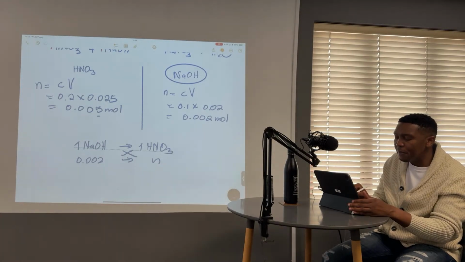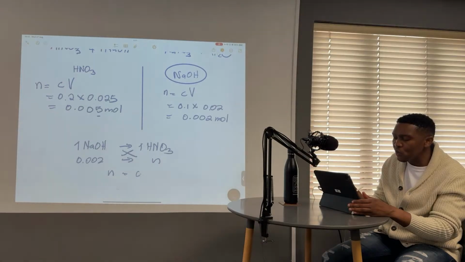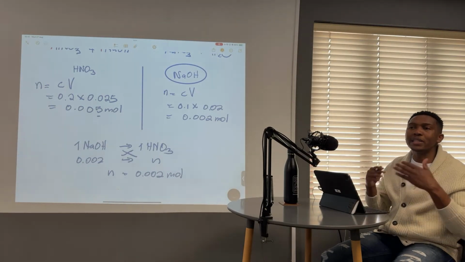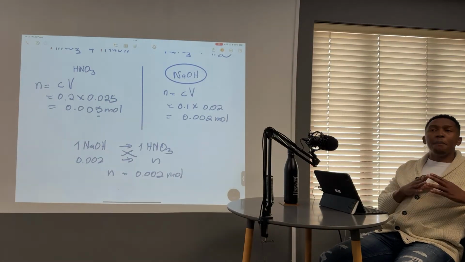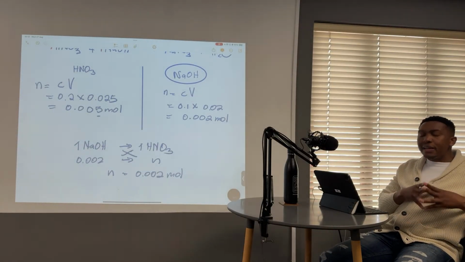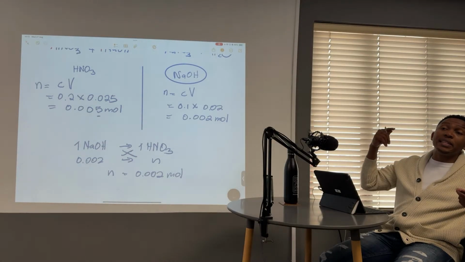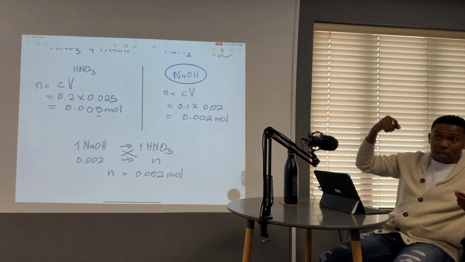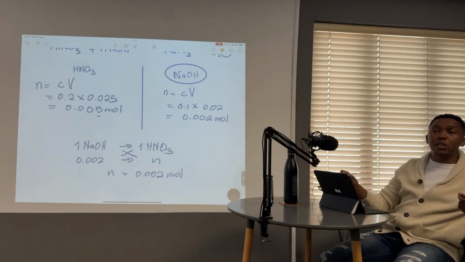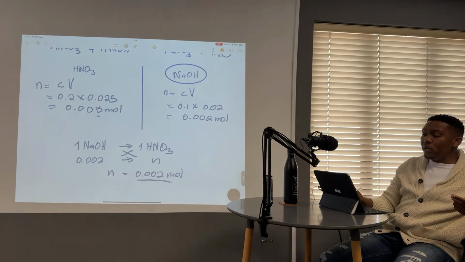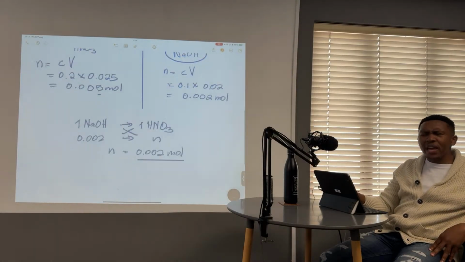If you cross multiply, n multiplied by 1 is n, 0.002 times 1 will give me 0.002 moles. So what does this mean? It means that the amount of nitric acid that I require to react completely with the sodium hydroxide is only 0.002 moles. So how much do I have in excess?